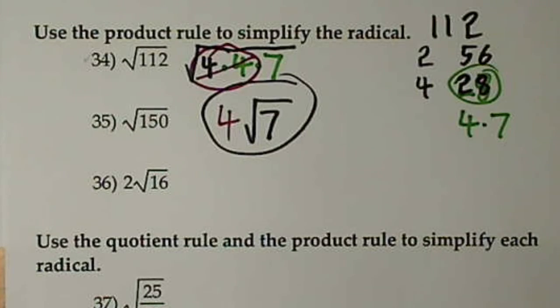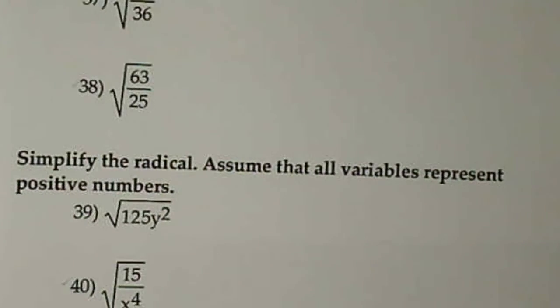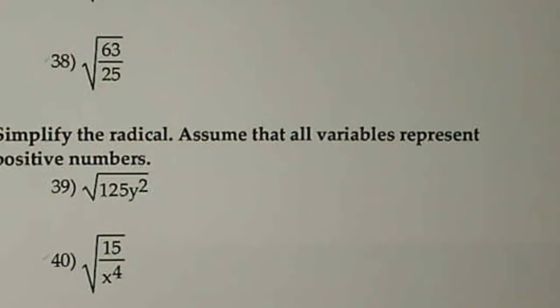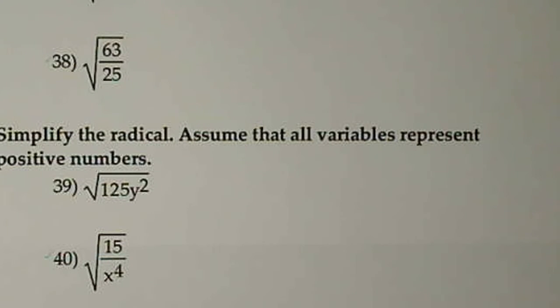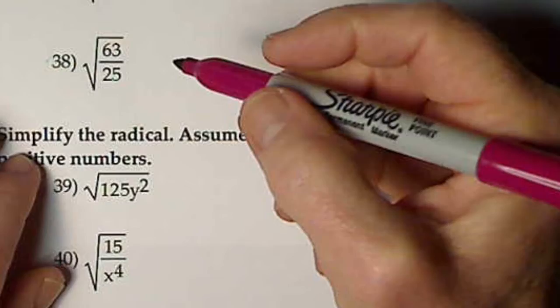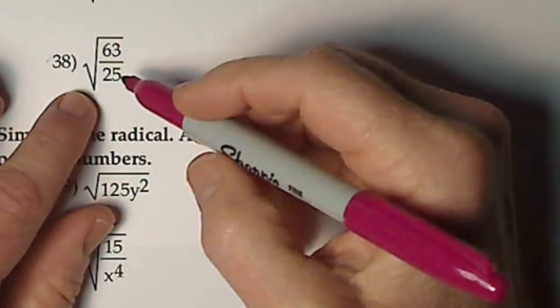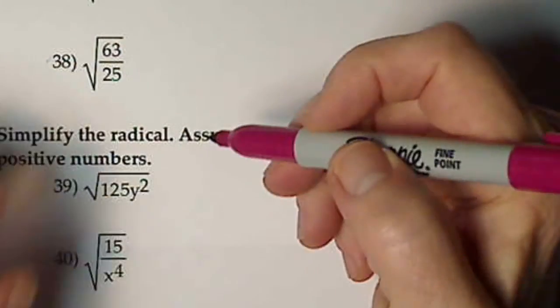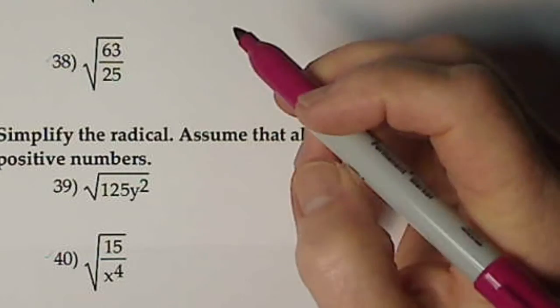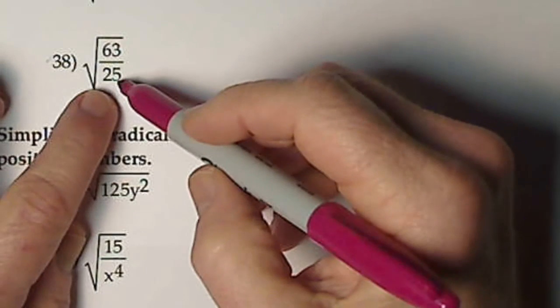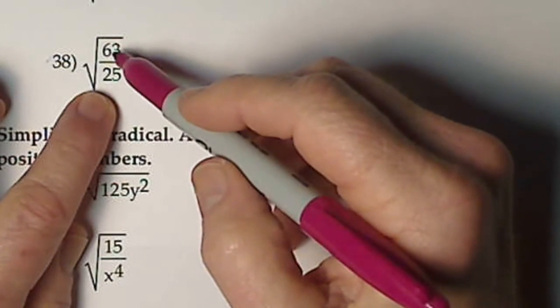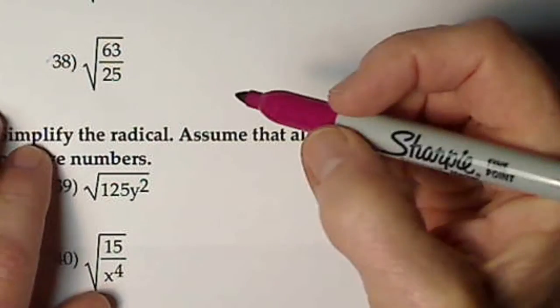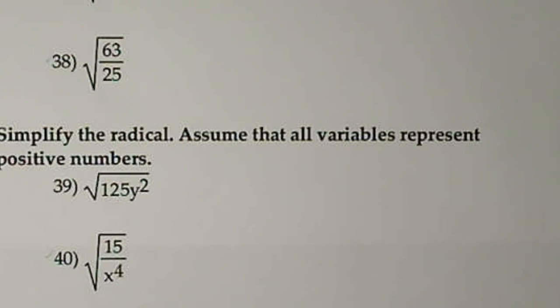And let's see, we'll also take a look at number 38. Here it's probably going to be helpful to rewrite this. I can take the square root of 25. 63, I can't really take the square root of that, at least directly.